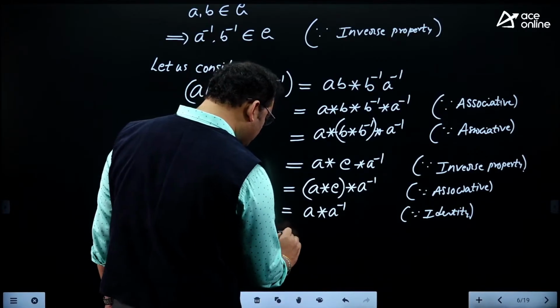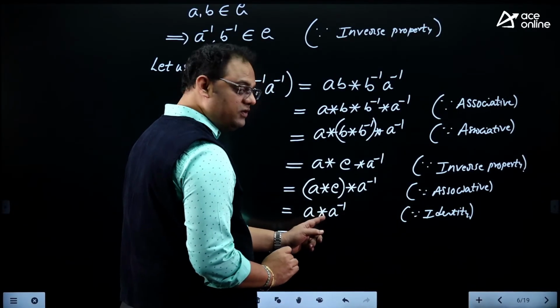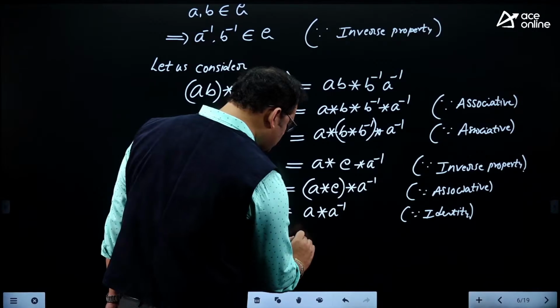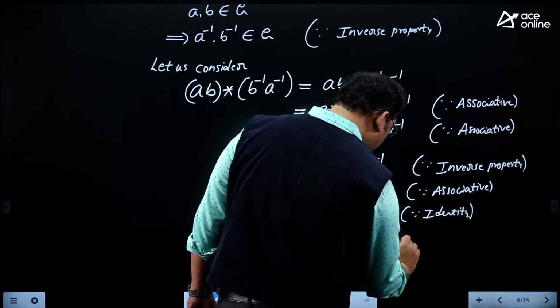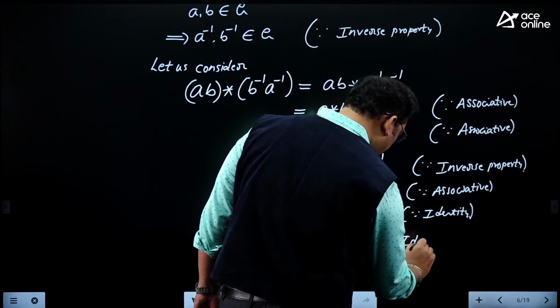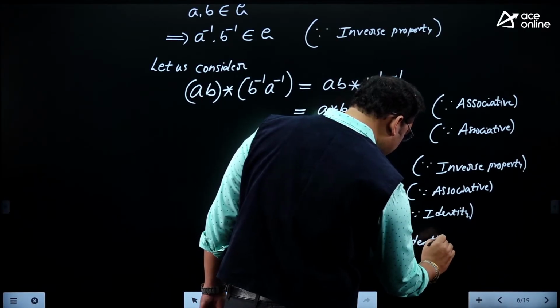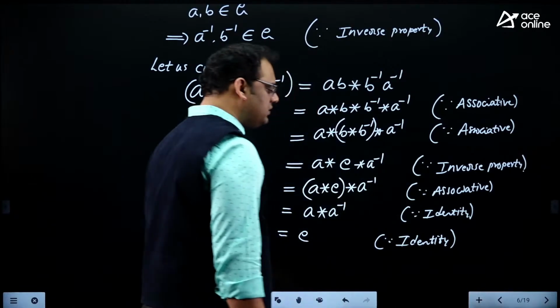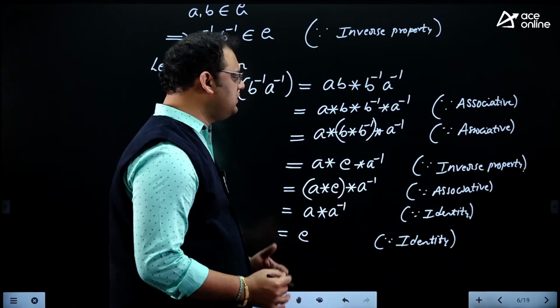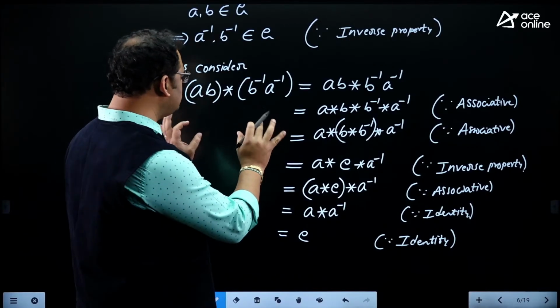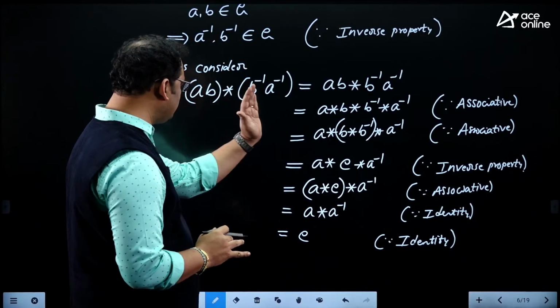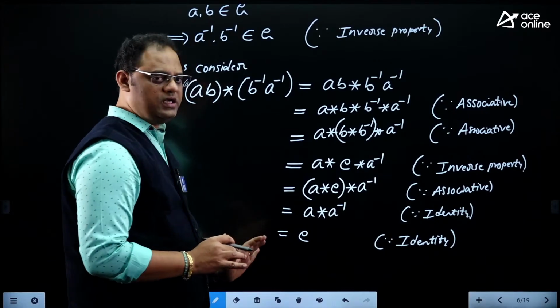And in similar fashion, A star A inverse is nothing but identity. So it is also by the identity property, since identity exists in G, so we got this. Sir, you considered something in the form of X star Y and you got the identity element.